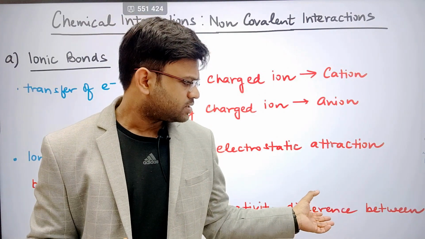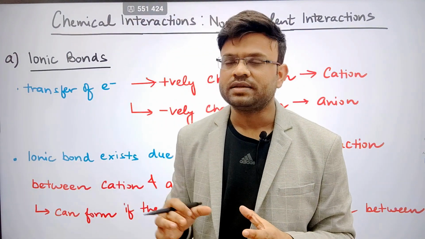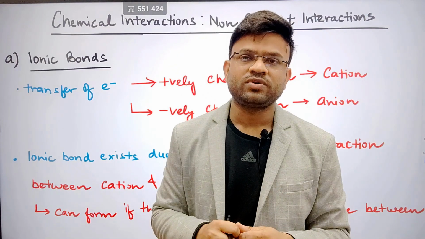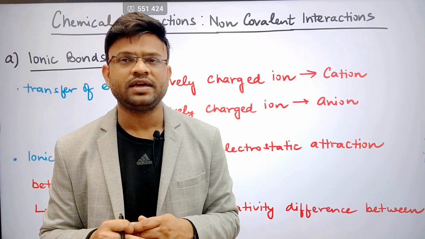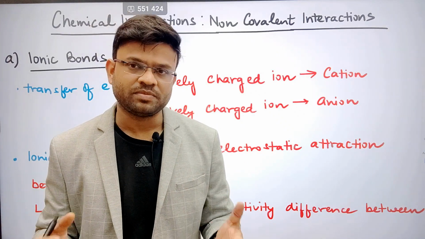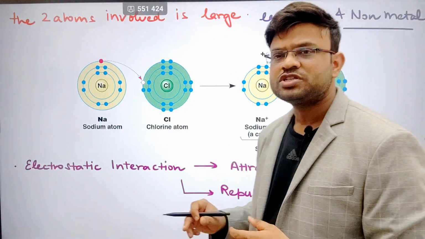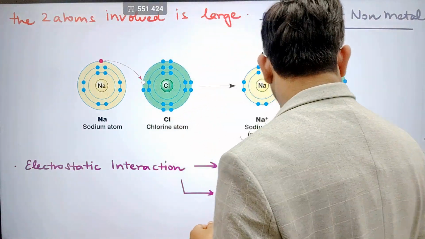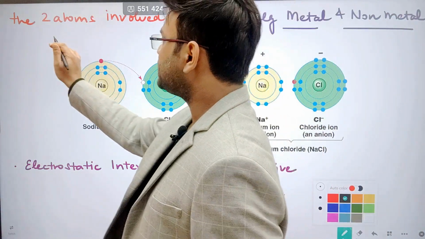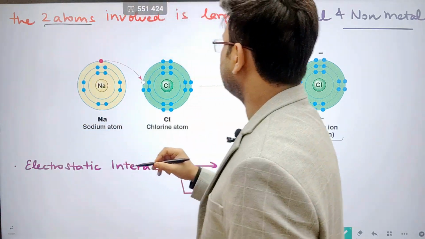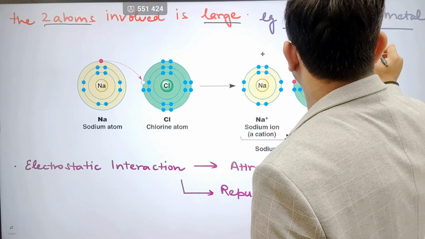Now, since you have understood the concept of electronegativity, you should be able to understand that if the difference between the electronegativities is very high, then the chances of ionic bond formation will become higher. If the electronegativity difference between the two atoms that are involved is large, for example, metals and non-metals.